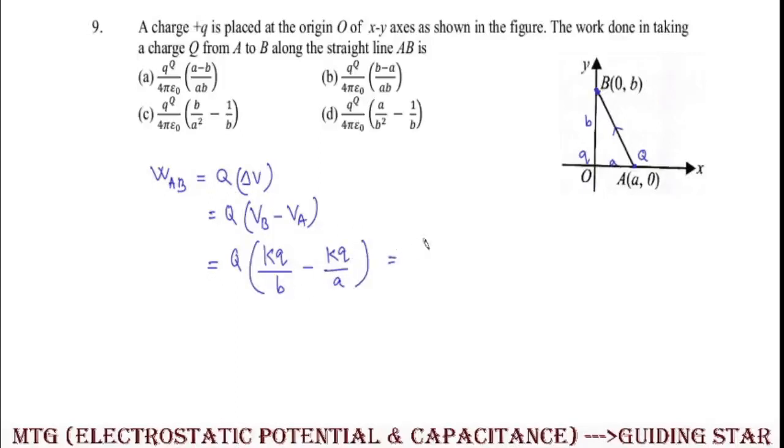Taking KQ common, it is KQq times 1 by B minus 1 by A. So it will be KQq, and the LCM will be AB, or you can say BA.